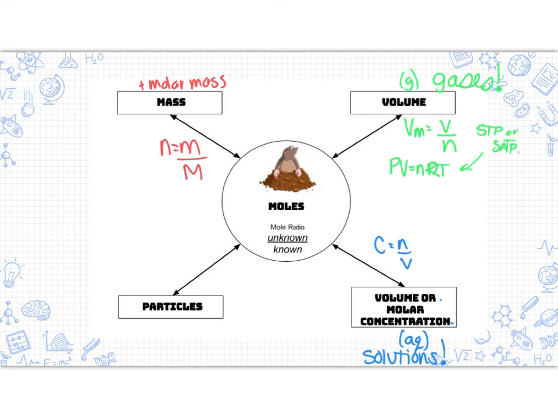All right, and the last one here is particles, and this came from actually a while ago when you looked at Avogadro's number in grade 10. So the number of particles, whether that's atoms or separate molecules, the number of atoms or particles is N, and that is equal to the number of moles times Avogadro's number.